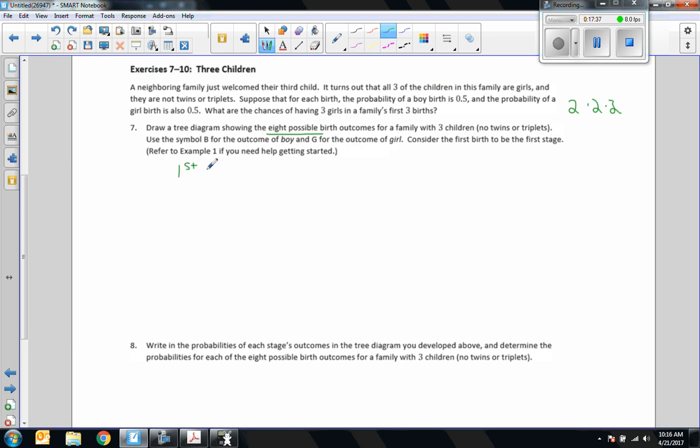So first birth I'll put here, second birth I will put here, and the third I will put here. The first could be a boy or a girl. The second could be a boy or a girl. And the third could be a boy or a girl. I need to draw this a little bit better so it fits better.